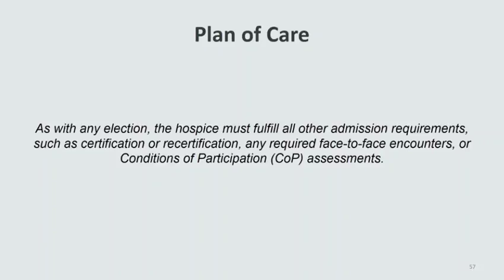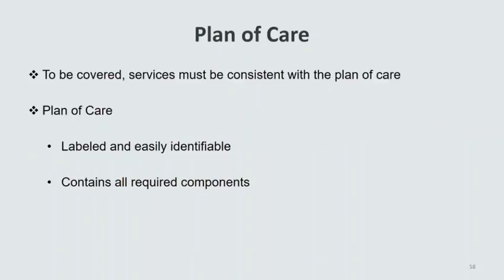Now, it says this in the Medicare manual, and CMS contractors are not going to look at that plan of care in the same way that a surveyor would. They're looking to make sure that a plan of care is in existence. They have said, as with any election, the hospice must fulfill all other admission requirements, such as cert or recert, any required face-to-face encounters, or conditions of participation assessments.